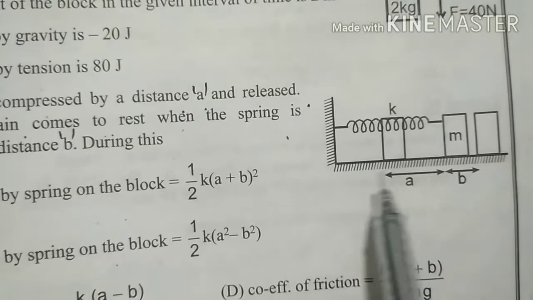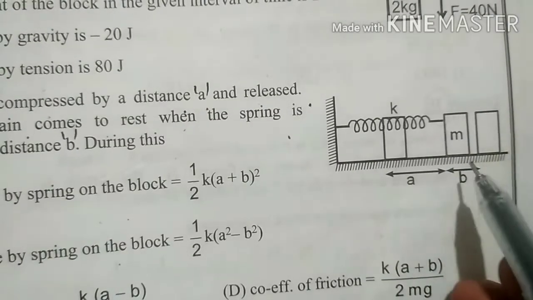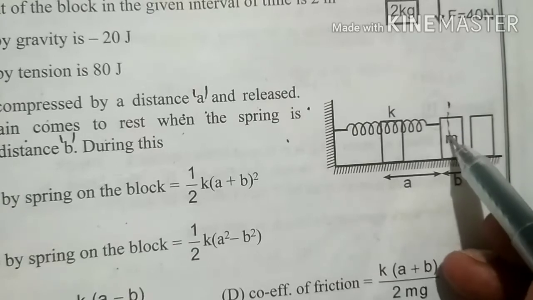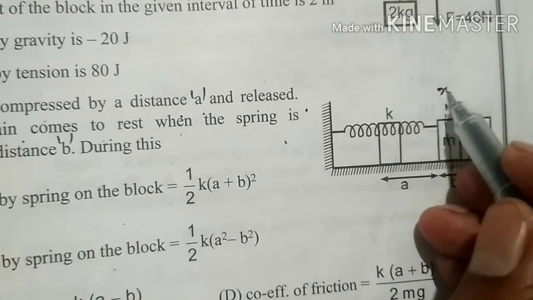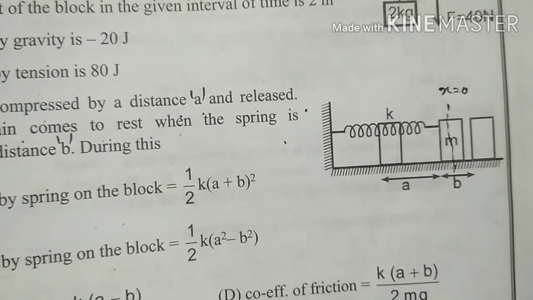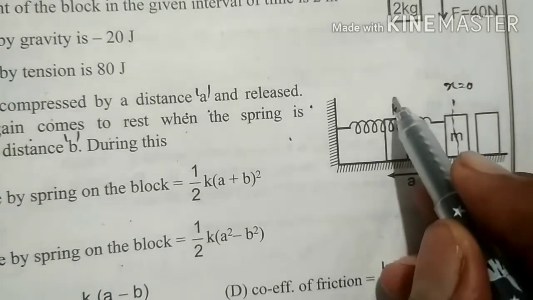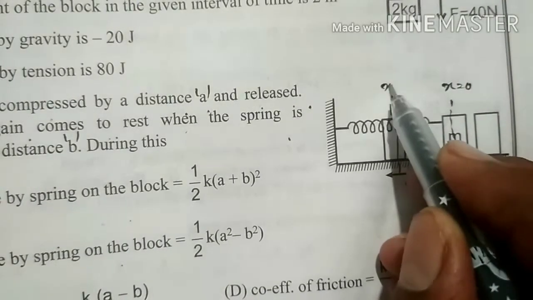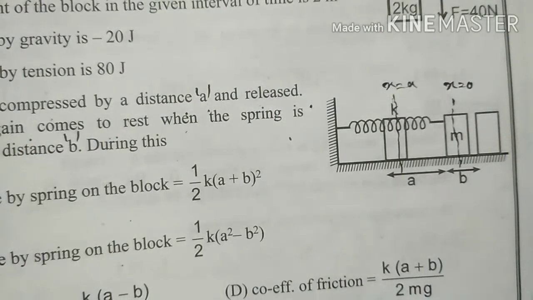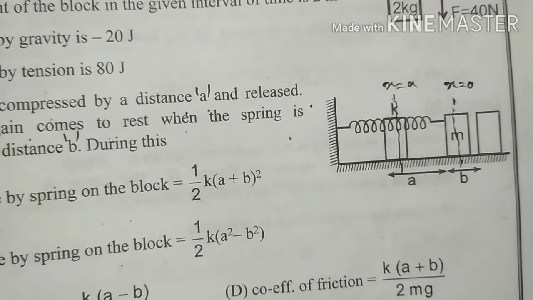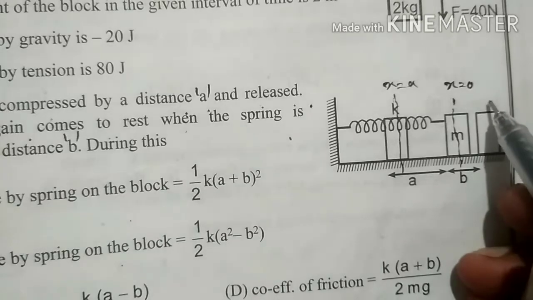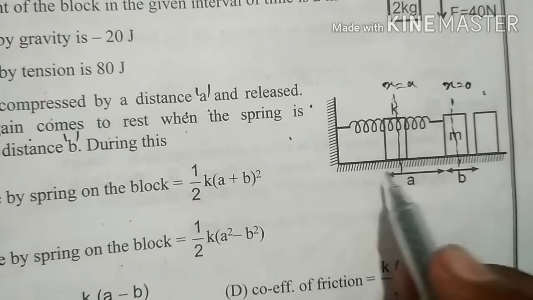So the system is like this. If you observe the system, the block is at the equilibrium position. We can consider it as x equal to 0. When you compress the block, it is compressed to a distance of x equal to a. When it is released, what happens?